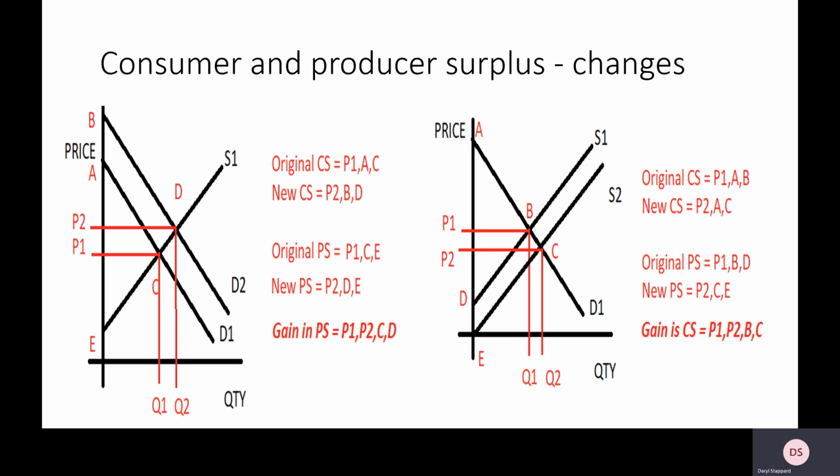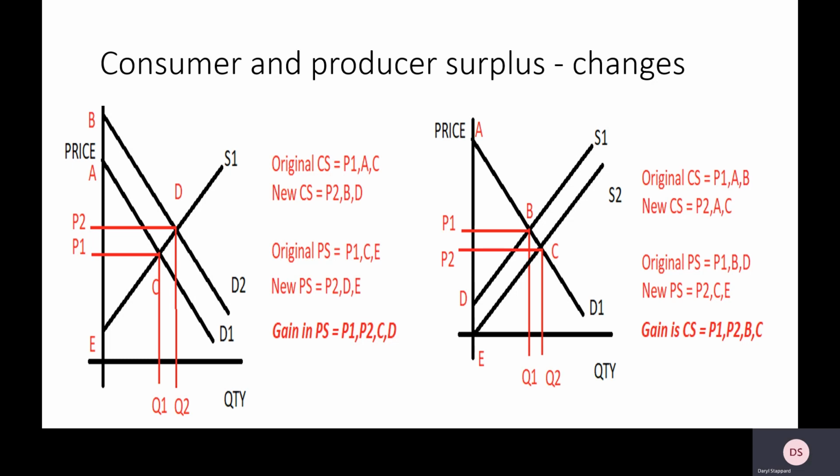Right, we're now going to be thinking about how consumer and producer surplus can change. What we know is that demand and supply can shift. So what I'm showing here is the impact on a market of an outward shift in demand, but also an outward shift in supply. Now, in that first diagram, imagine we're in equilibrium originally based on demand 1 and supply 1.